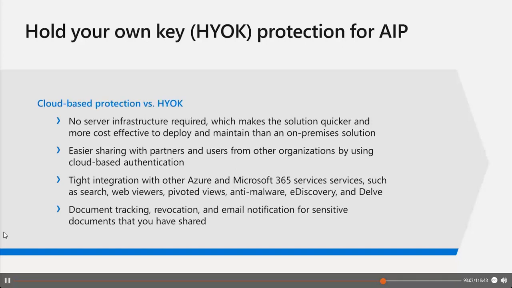Because it's based on templates, and you define in the label a specific template that is hosted on your local AD RMS infrastructure. So obviously a main benefit of a cloud-based protection approach is that we don't need a server infrastructure. It makes the solution quicker and more cost-effective to deploy and maintain than an on-premises solution.